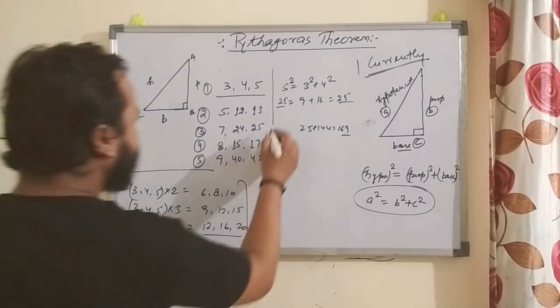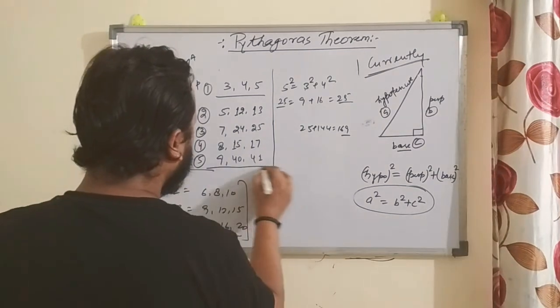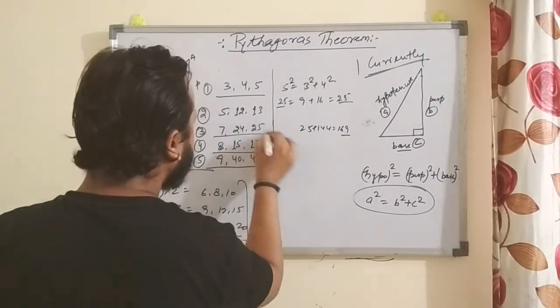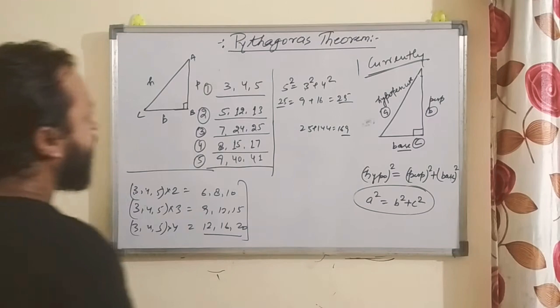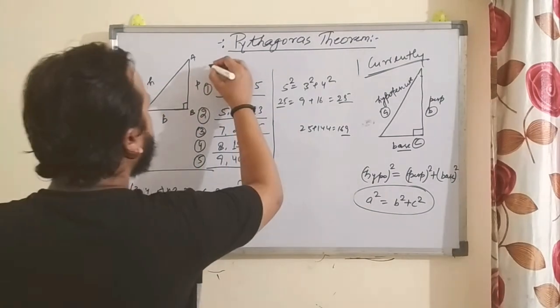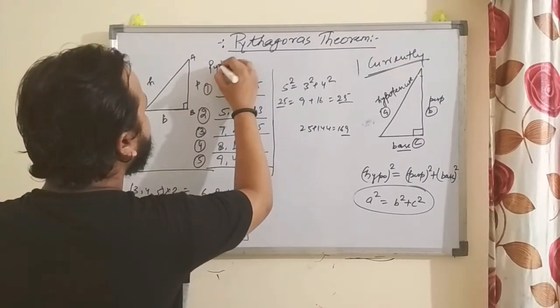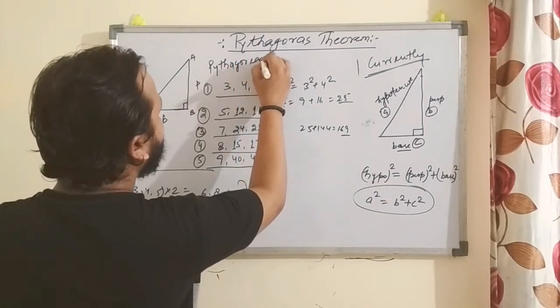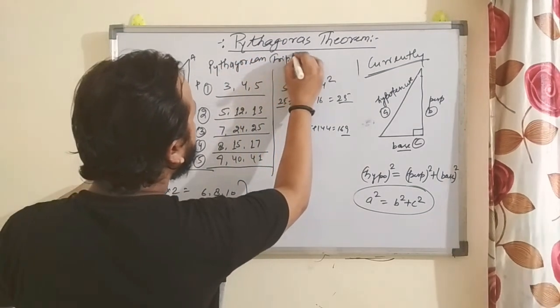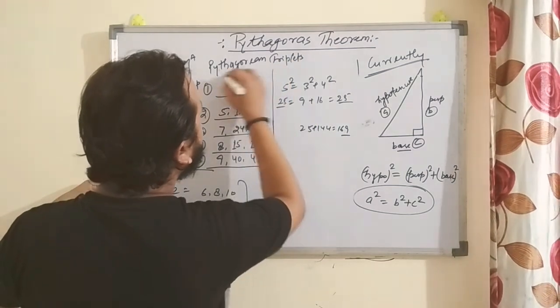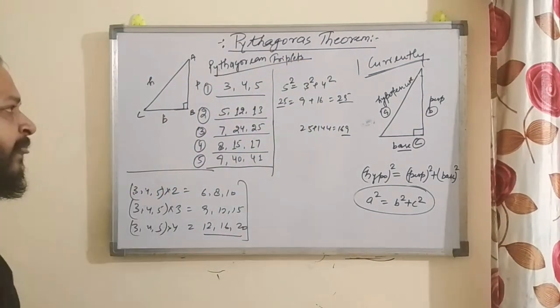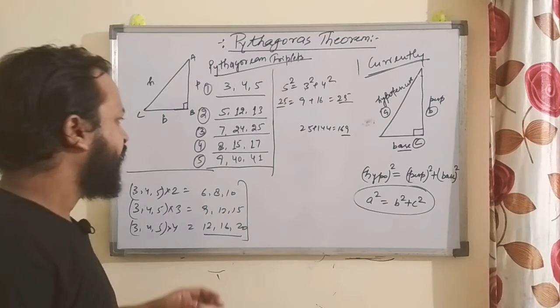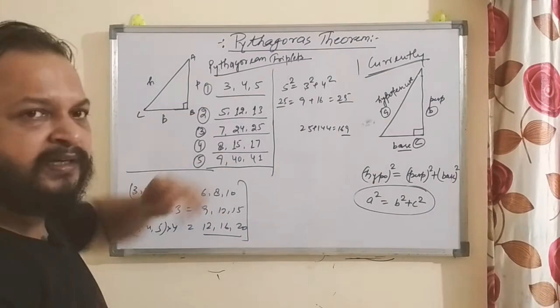So check them, right? Check these 5 triplets. They are known as Pythagorean triplets, right? So if you remember them, you can easily find it out.